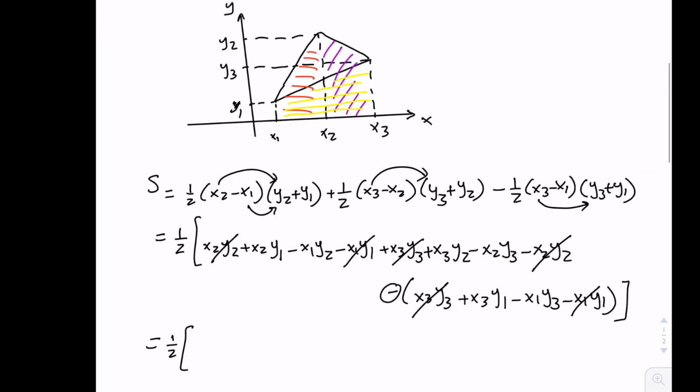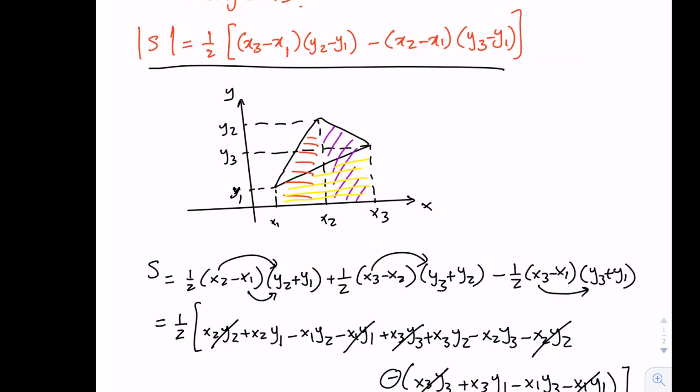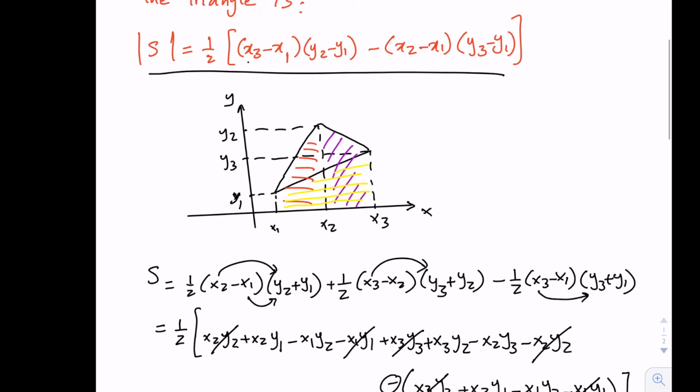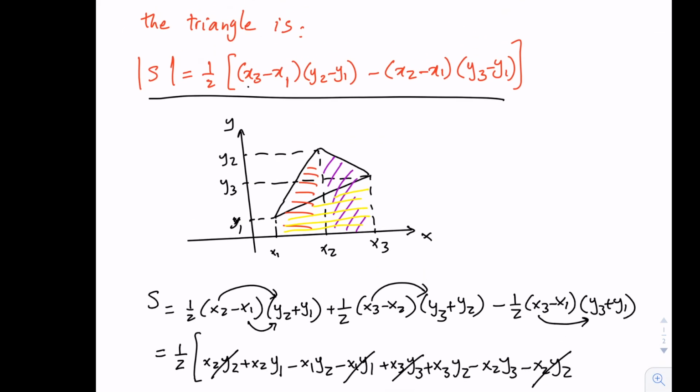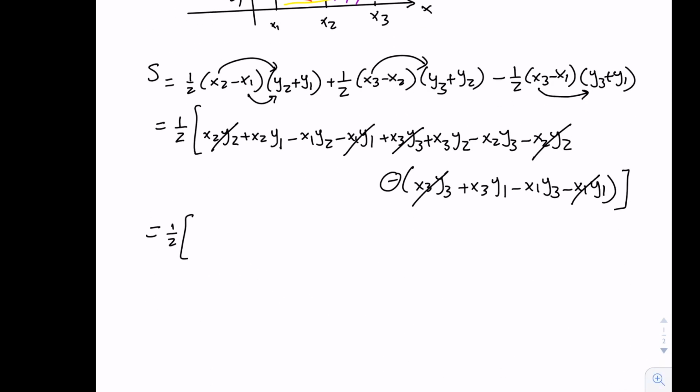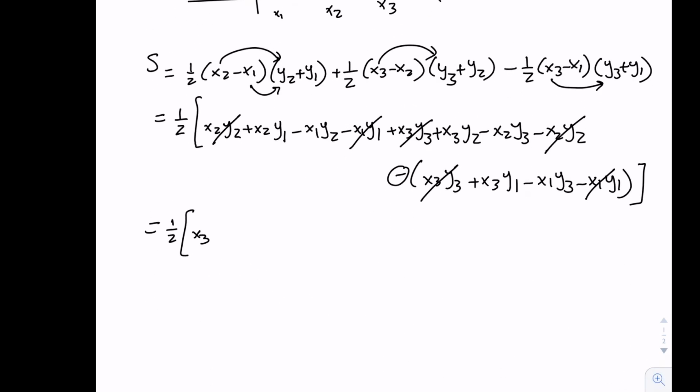And if we look at the original expression for a moment, we need to factor x3 from x3 y2 and x3 y1. So we will have x3 times y2, which is this term, minus y1, which is this term.